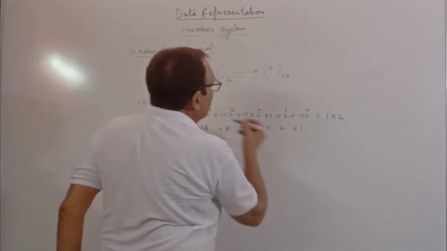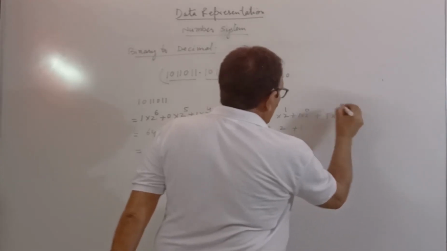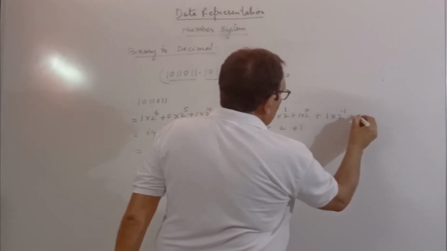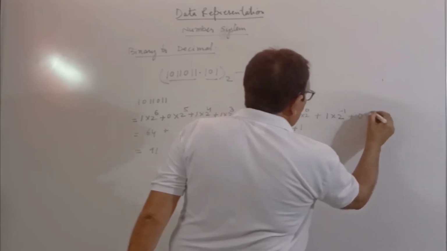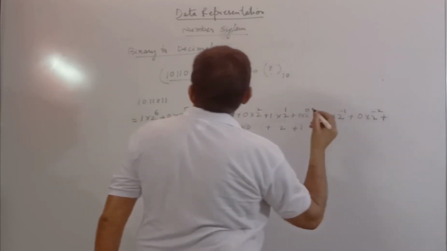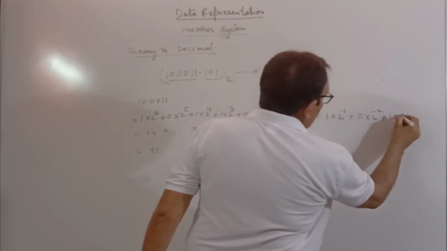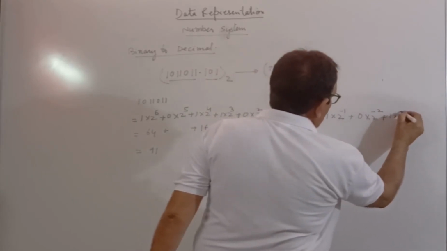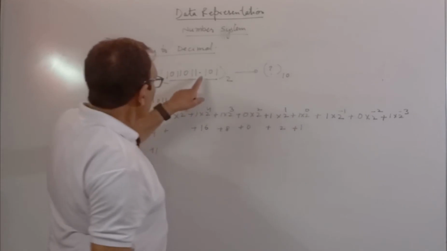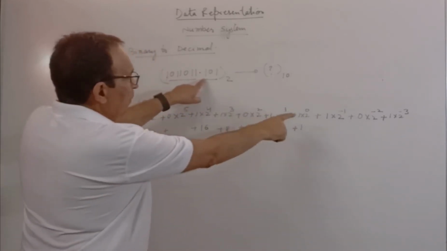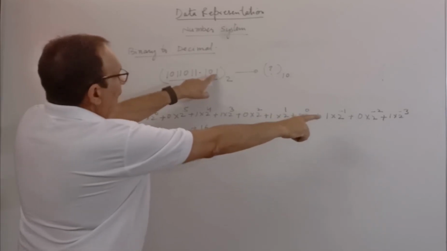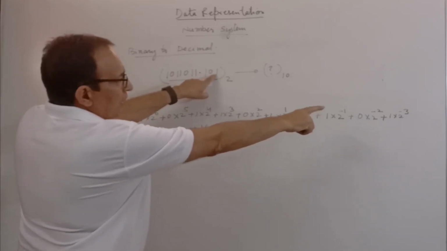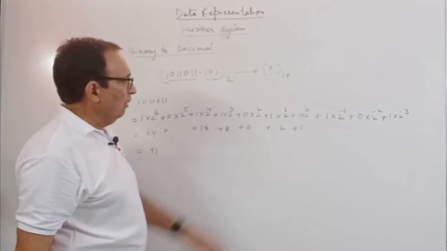So you will write 1 into 2 raised to the power -1, 0 into 2 raised to the power -2, and 1 into 2 raised to the power -3. Let us calculate these also.